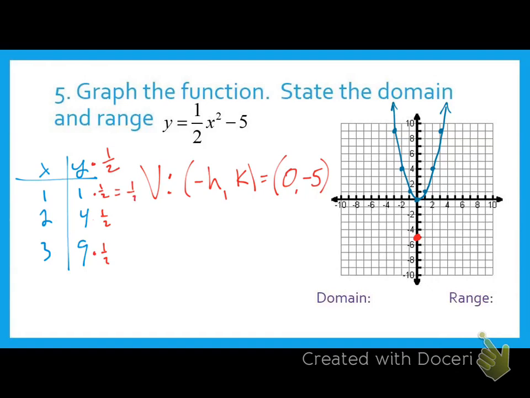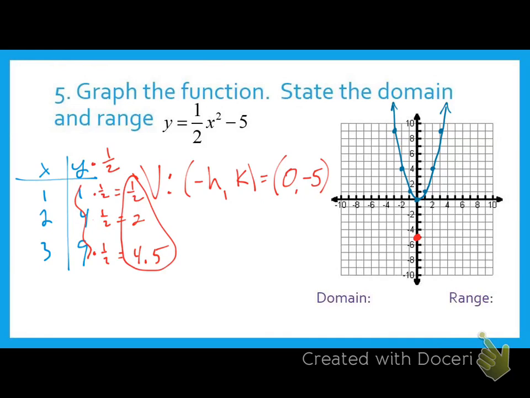So we get 1/2, 2, and 4.5, or 9 over 2, but I think 4.5 works well. So those are our new walking points, right? So I just need these guys right here.